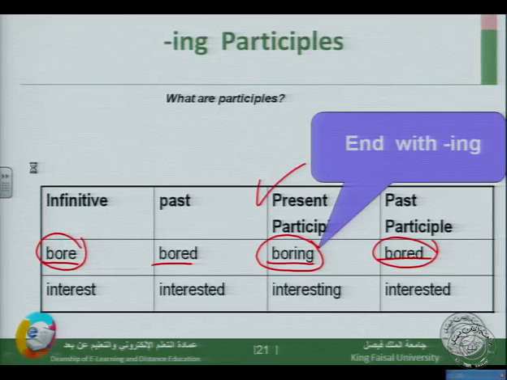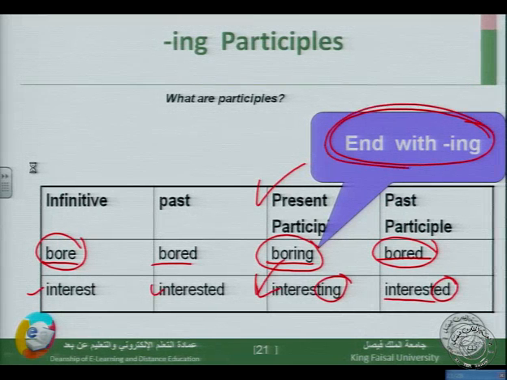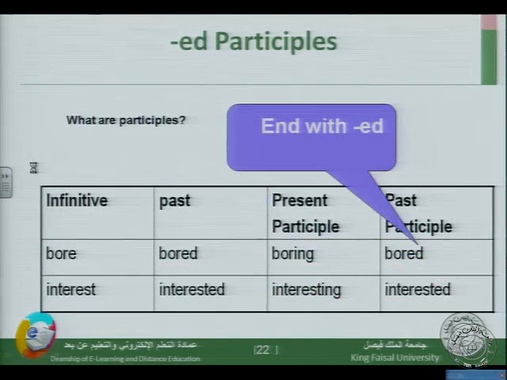This we call a present participle. The present participle must end in ing. For example, interest, interested, interesting. This one is a past participle. I want you to focus now on the present participle. Present participle should end with ing. They are verbs but they function as adjectives, whereas ed participles are the third form. We said bore, bored, boring: this is the present participle.